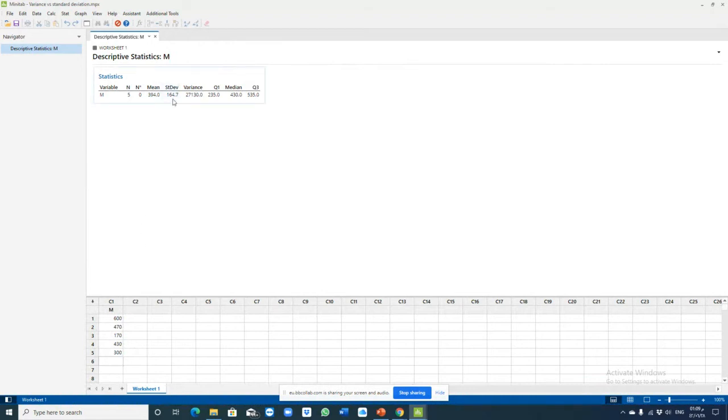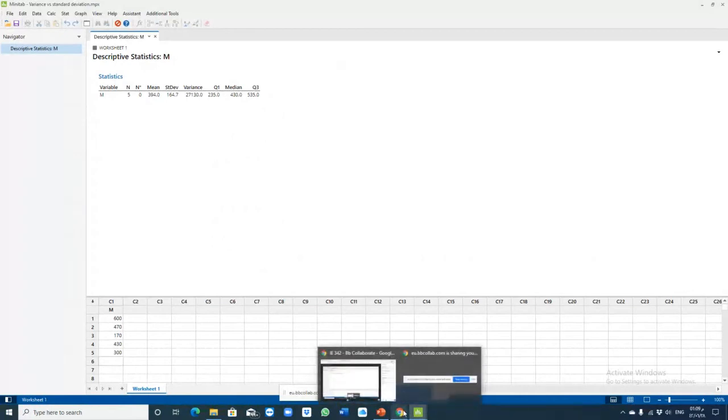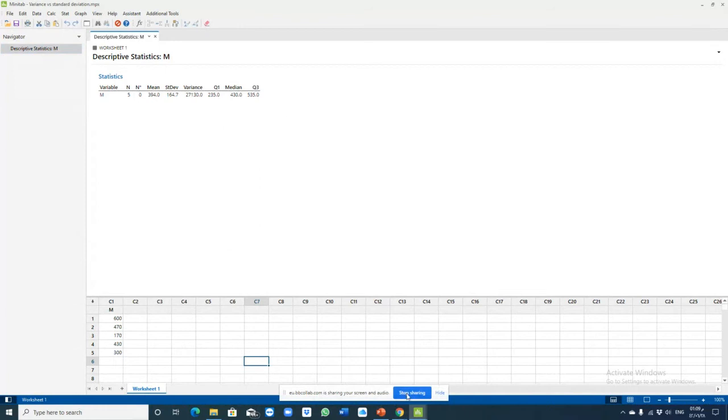So the standard deviation will show you for every data point how it differs from the standard, and the variance shows you how big the variation in the data is. This is just to recap from the last session, and then we will go back to our slides.